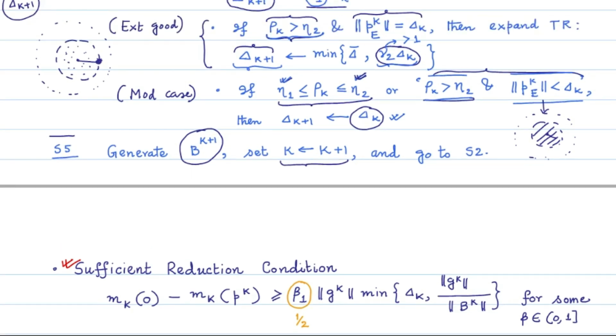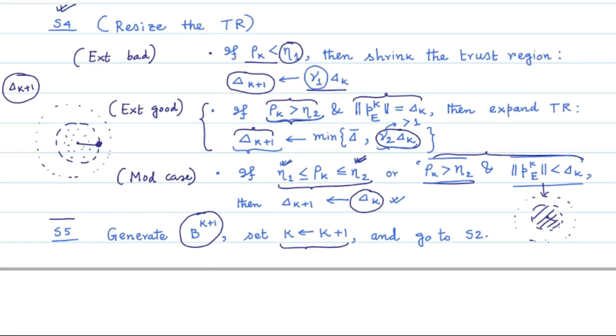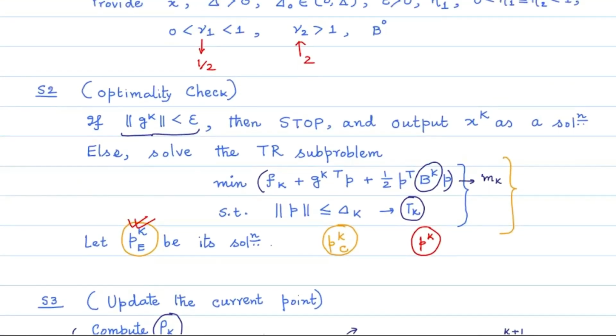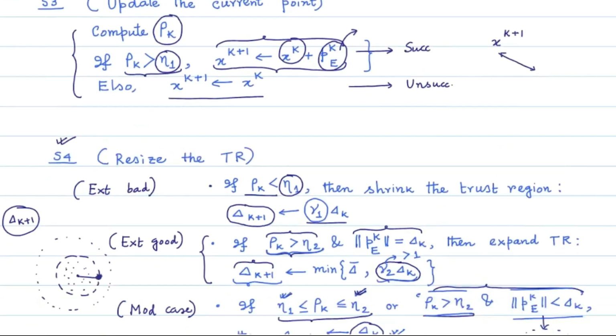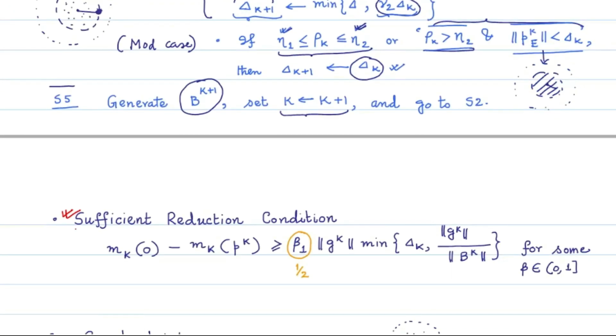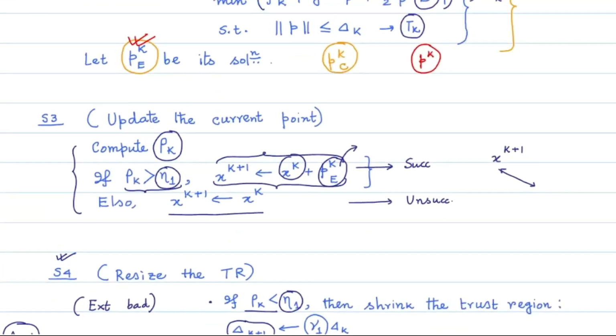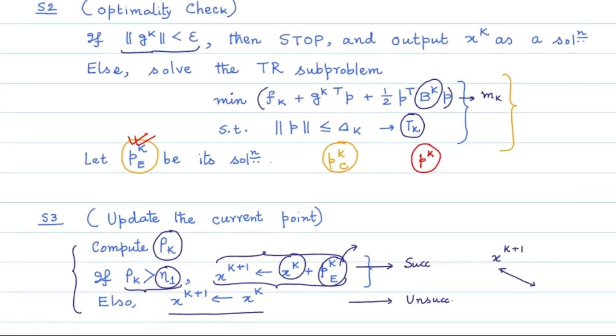That means you take a step pk as an approximate solution to the trust region subproblem, so that pk satisfies this sufficient reduction condition, then that trust region method globally converges. This interesting result we shall prove on the next day.